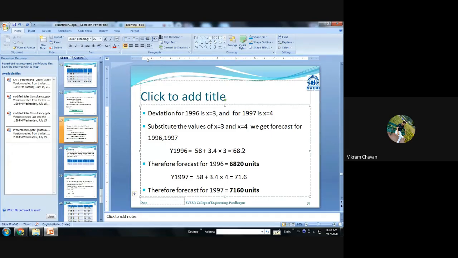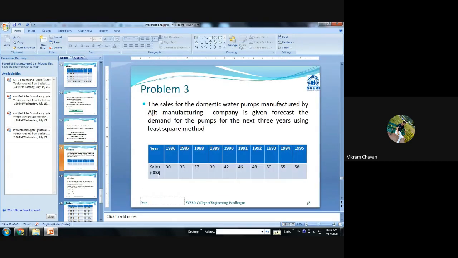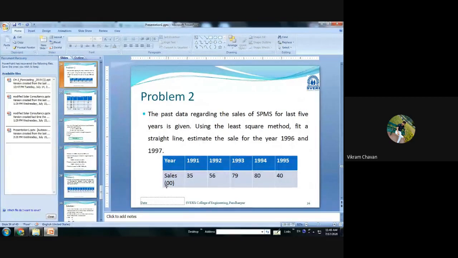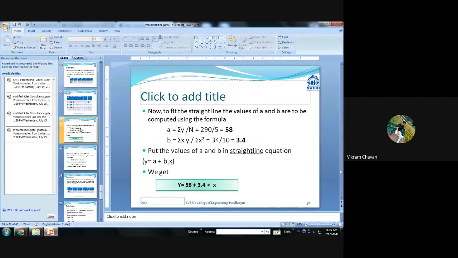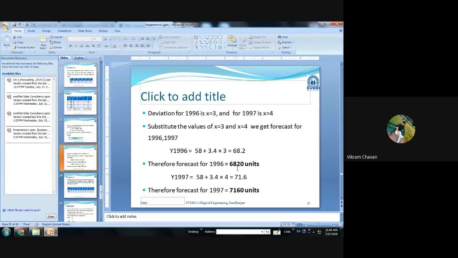Okay, now whatever the sales values are provided, here it is provided as 00. That is nothing but we have to multiply with 100. So we have to multiply 68.2 by 100.